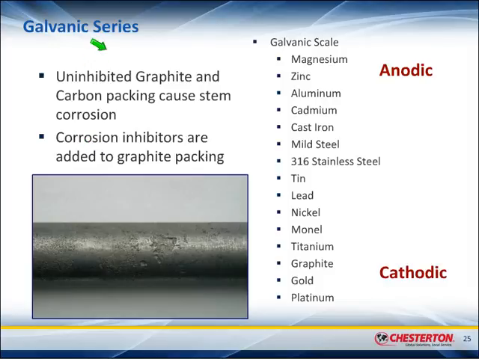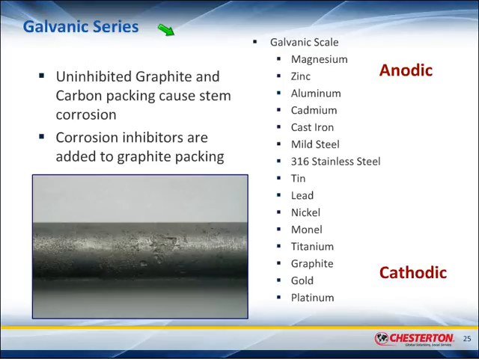Another thing that sometimes is added to packings, and specifically to graphite packings, is to avoid a phenomenon that occurs when you install graphite packing into a stuffing box. That problem has to do with the fact that when you take graphite and steel, in essence what you create is a battery.